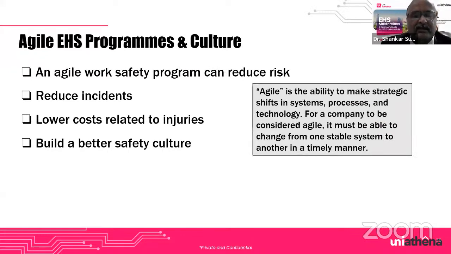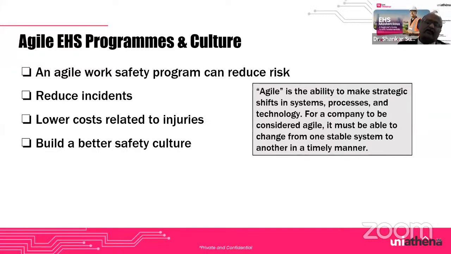So, an Agile EHS program is ever-changing and dynamic to meet dynamic needs. An Agile work safety program can reduce risk. Agile is the ability to make strategic shifts in systems, processes, and technology. For a company to be considered Agile, it must be able to change from one stable system to another in a timely manner, and it should be very fast. That is also taken care of by resilience.